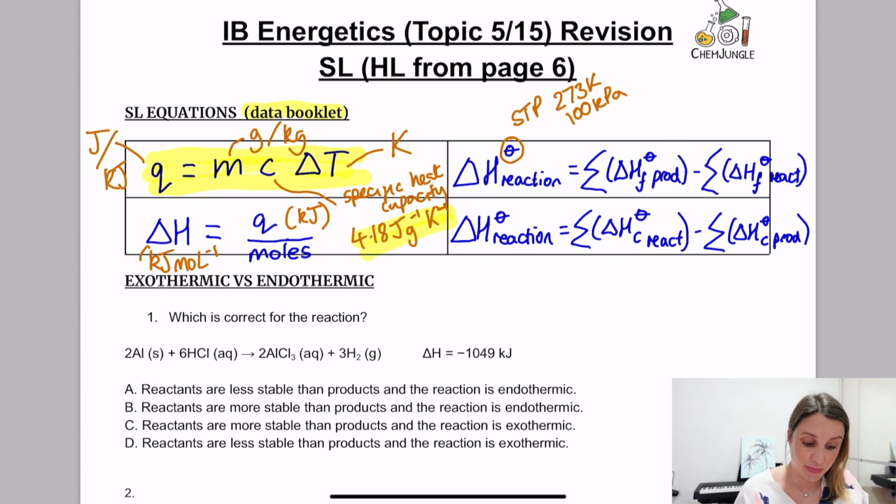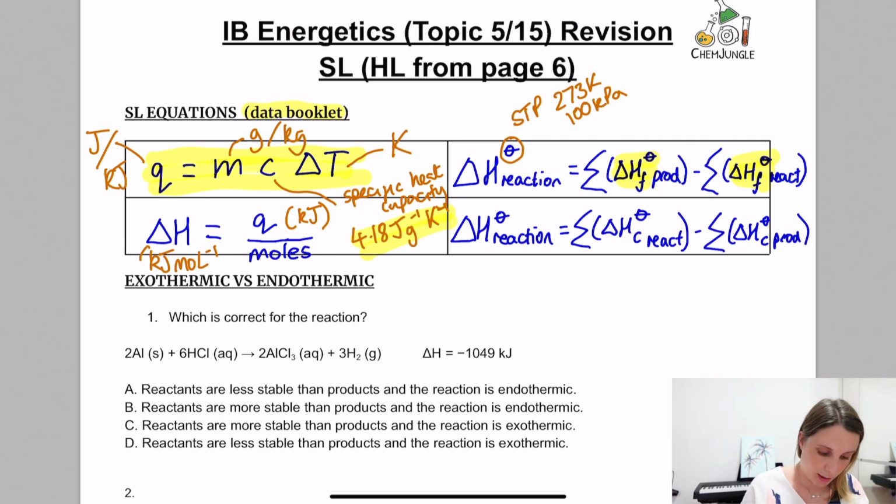What this equation means is that if you're given delta H for any reaction, you'll take the sum of the delta H's of formation for the products, minus the enthalpy change of formation of the reactants, and then overall you can work out the enthalpy change for that reaction.